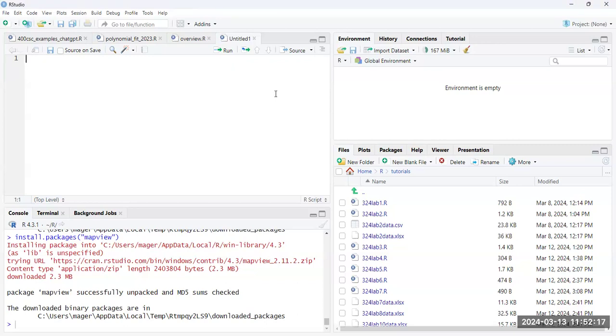In R, we want the data in a data frame where all of the numerical observations are in a single column. And in a second column, we have the categories that the treatment counts represent in factor form.